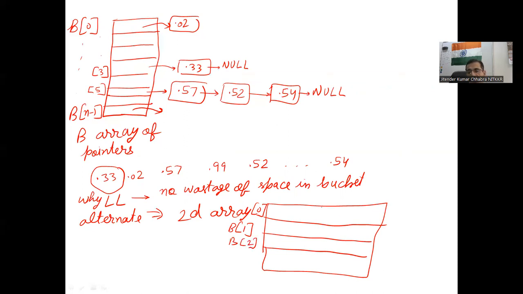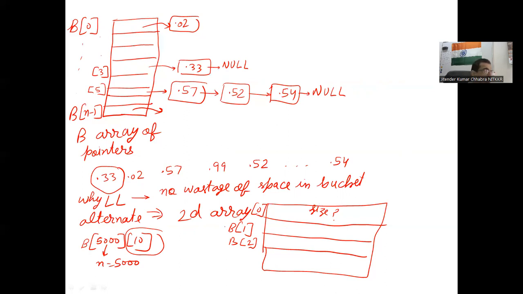But we need to decide here how many values. Size has to be known. If I use this as a 2D array, maybe I have to say something like bucket of 5,000 into 10 if n is 5,000. If n is not known, maybe you can have dynamic malloc done and decided. But for each bucket, how much will be the memory? For simple programming, we will be forced to tell how much size, and we don't know whether they will get 1 value or 2 values or 10 values.